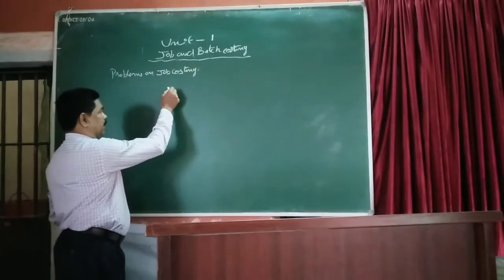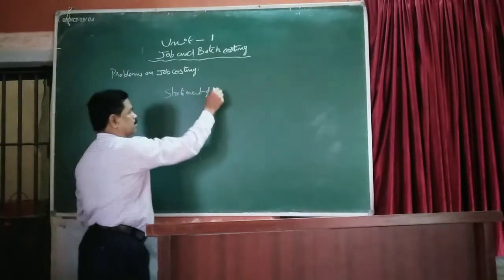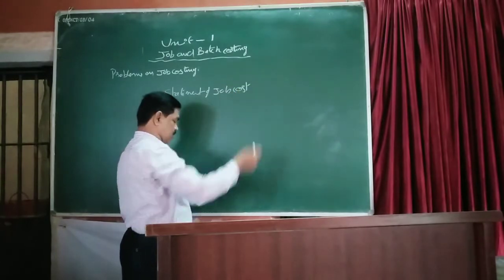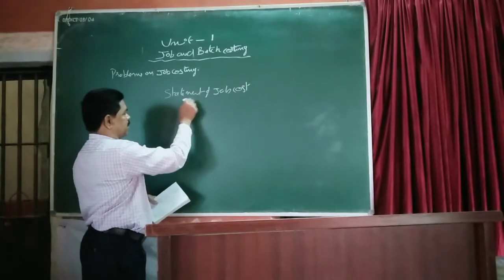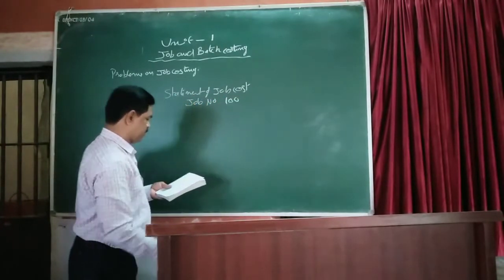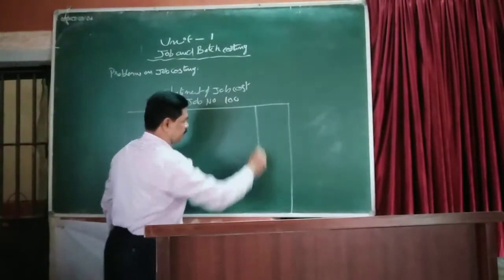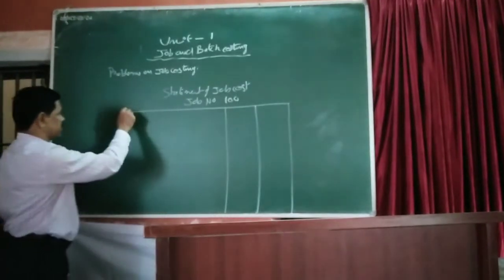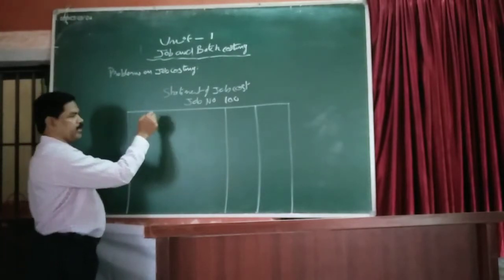We have to write the title: statement of job cost. Here write the job number, 100. This is very important. Then it is a statement, not an account. So you provide amount columns, then one particulars column, where we write the elements of cost.